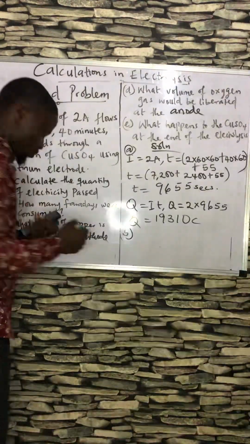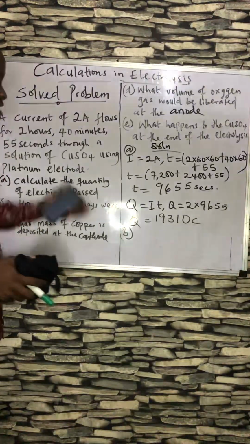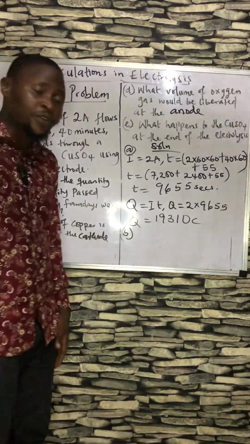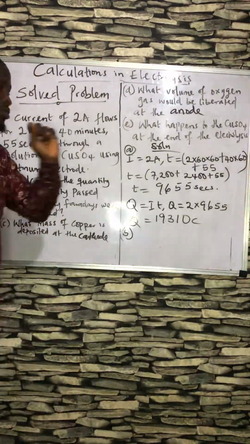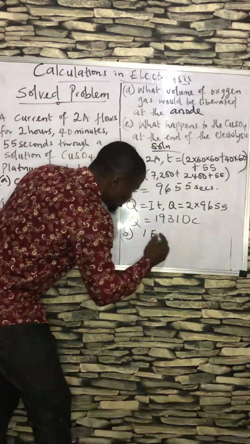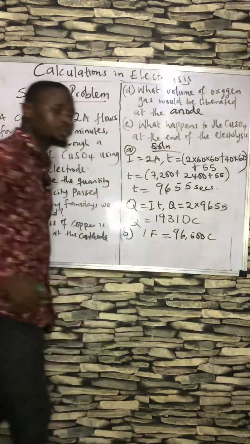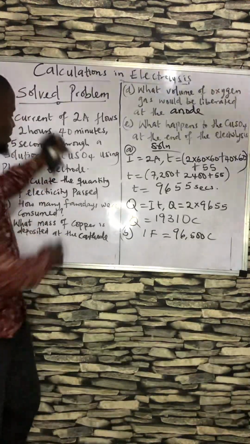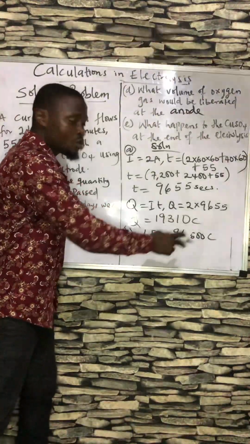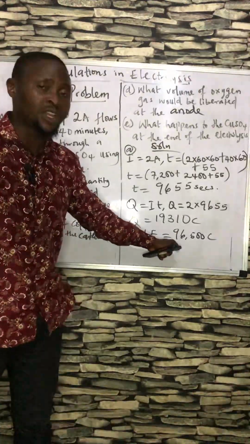So the second question B, how many Faradays were consumed for this reaction? All right, electrolytic reaction. How many Faradays were consumed? Remember, I told you from part of the question that 1 Faraday is usually equal to 96,500 coulomb per mole. For every 1 Faraday, you have to get this amount of quantity of electricity.